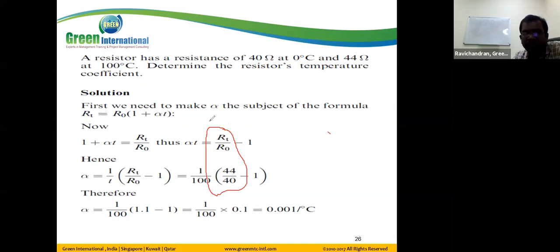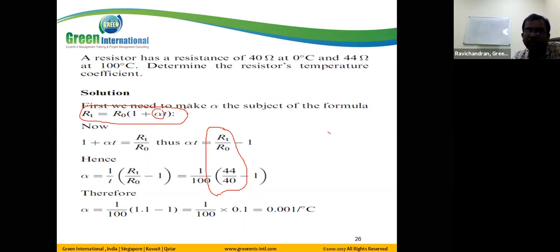First we know this formula. Our objective is to find alpha, so we rearrange the equation RT = R naught (1 + alpha naught T). From rearranging, we have the formula alpha is equal to 1 by T times (RT by R naught minus 1). There is no need for other formulas, just this formula alone.